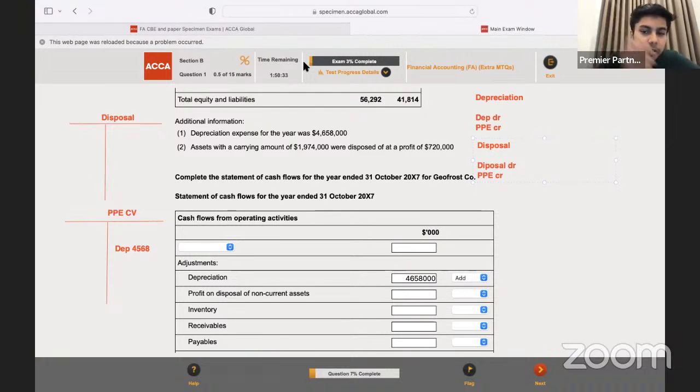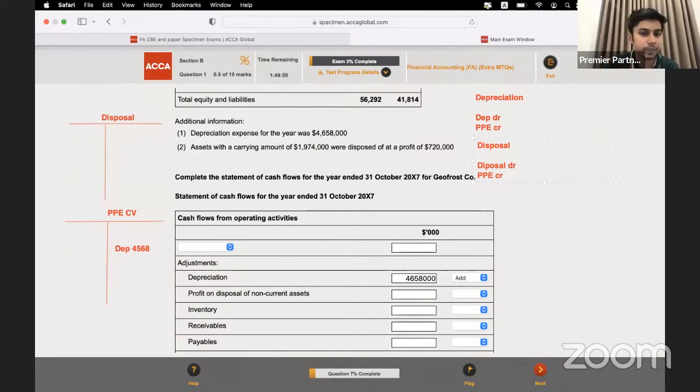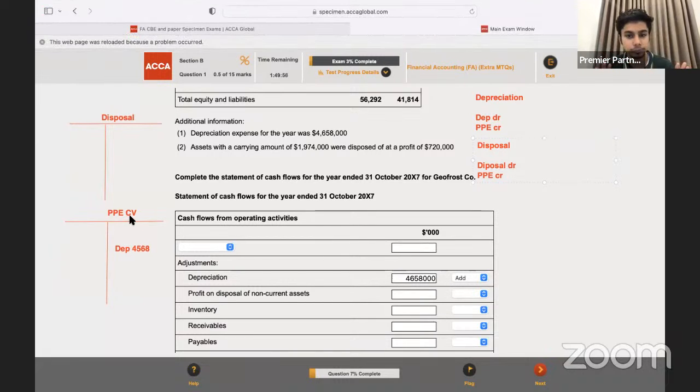Step two, remove the provision. But if the account is held at carrying value, removing the cost and removing the provision separately doesn't take place. Both of them will be combined as one entry: in disposal, remove the carrying value. That is if the account is held at carrying value.